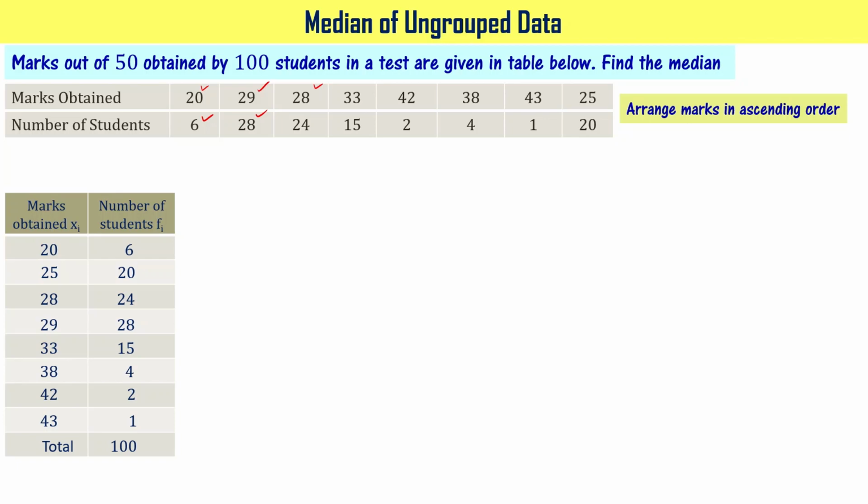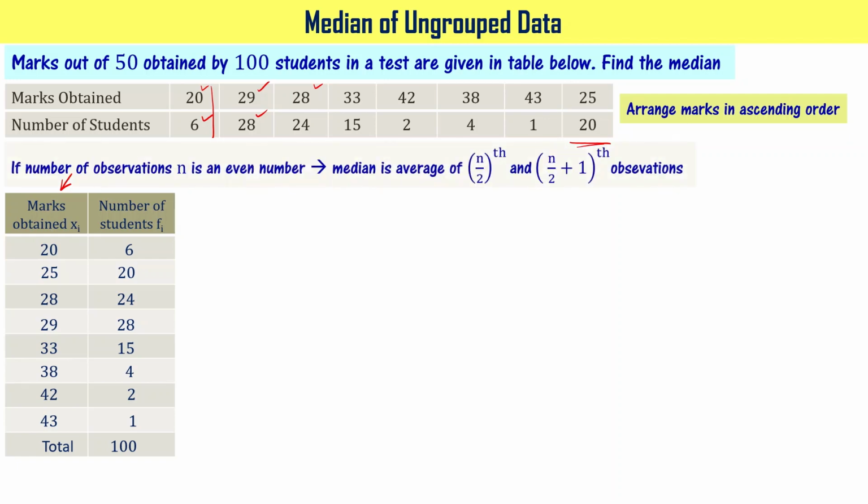You see, I have taken marks and arranged them in ascending order 20, 25, 28, and their frequencies are the number of students as I have written, right? For 20, it is 6. For 25, it is 20. So I have written as is, so that total 100 students are there, it means total number of observations is 100, right?